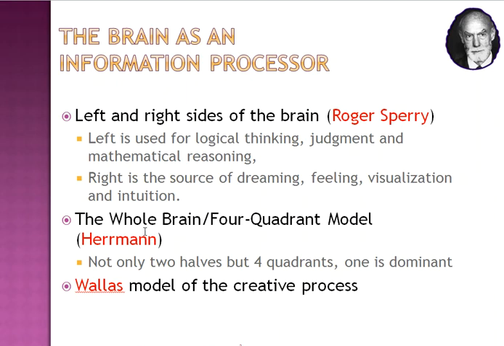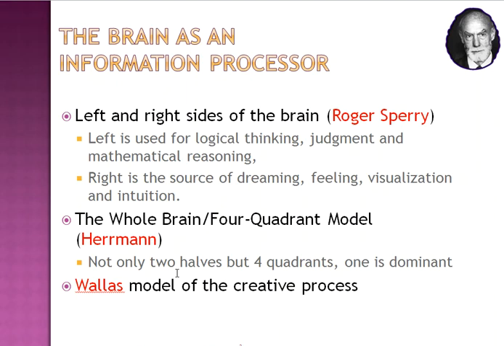After that came Herman, who suggested that it's better to explain how the brain works through a 4-quadrant model, not a 2-halves model. And then came Wallace, who completed this work of Herman by suggesting 4 processes close to these 4 quadrants.